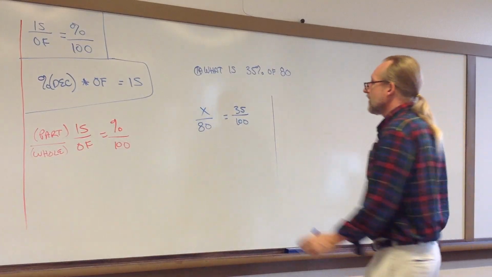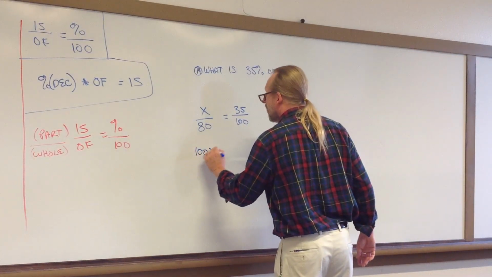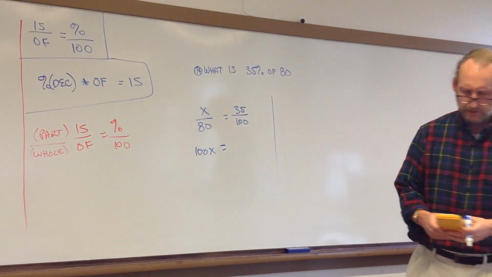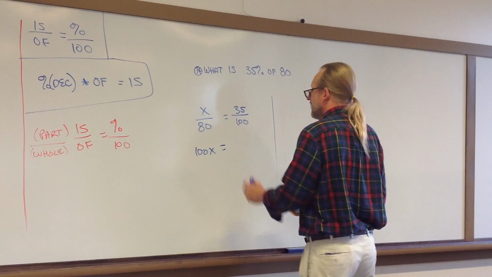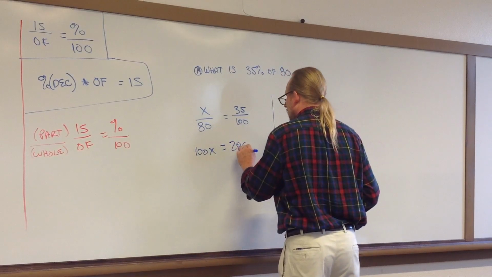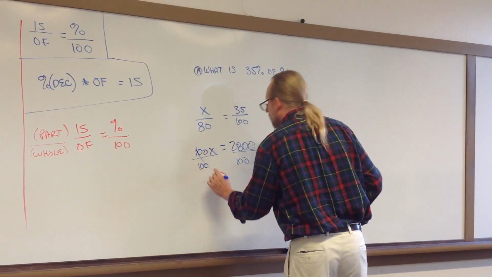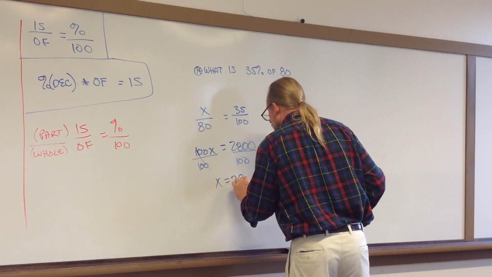So this would be 100x equals 80 times 35. Let's see here. 2,800. And then divide on both sides by 100, and we get x equals 28.